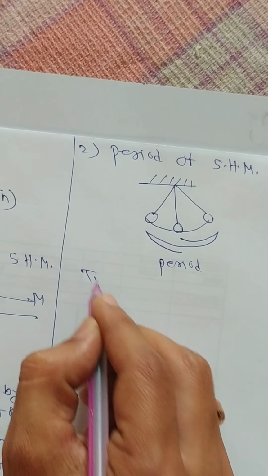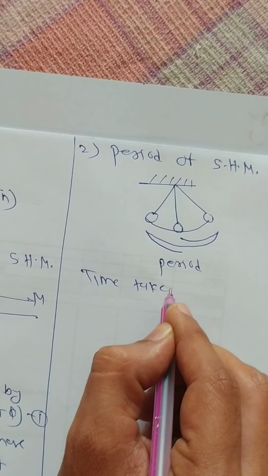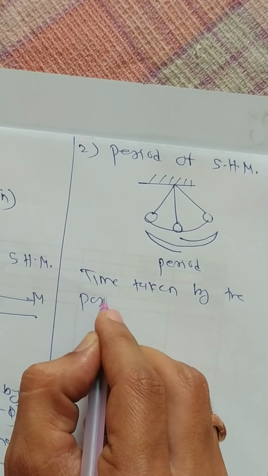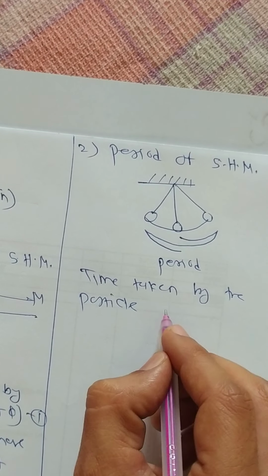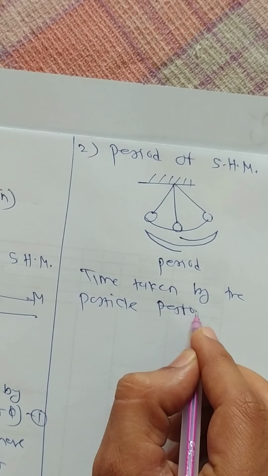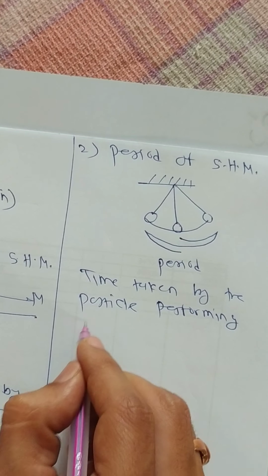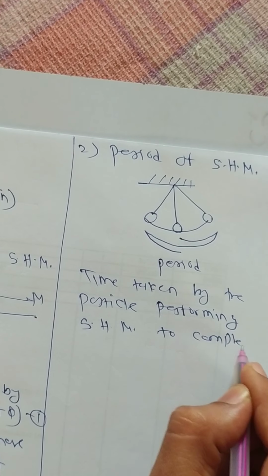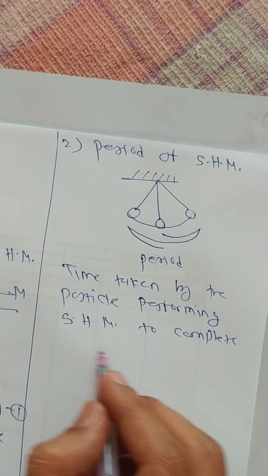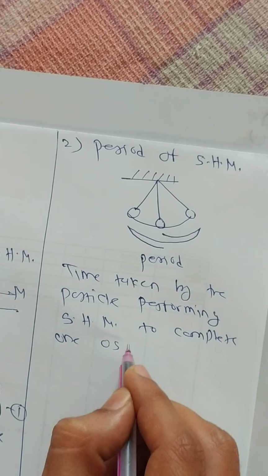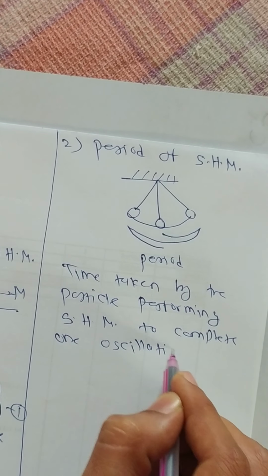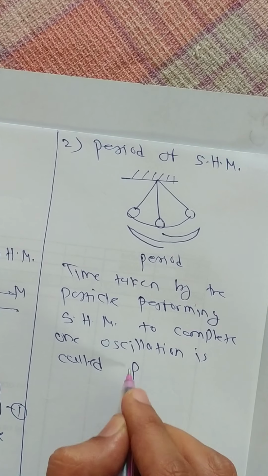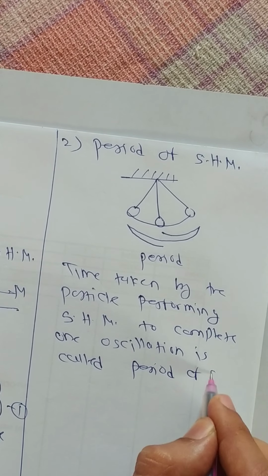So I will write that the time taken by the particle performing SHM to complete one oscillation or one revolution, whatever you want to use, is called the period of SHM.